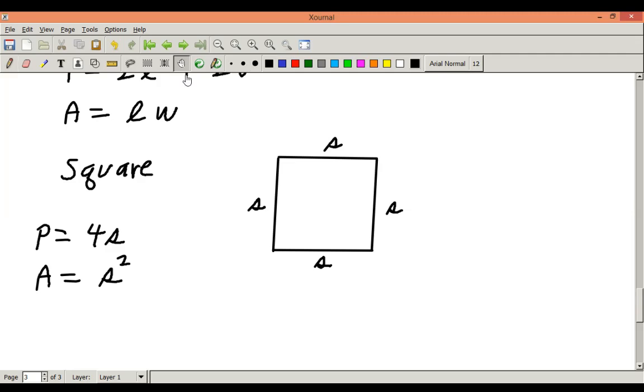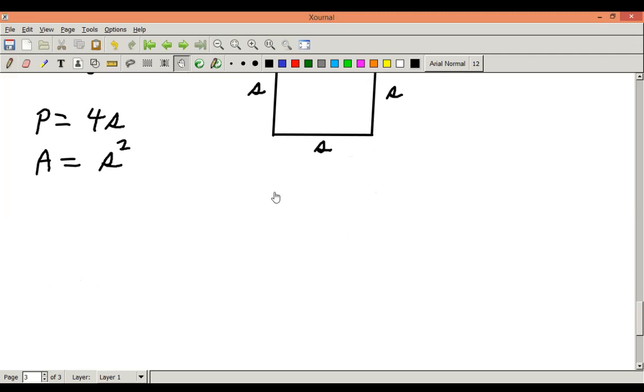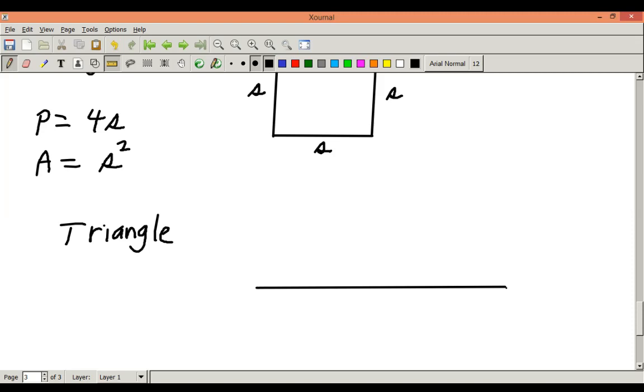Next shape we want to give formulas for, and you probably know this already from a previous class, is a triangle. So I'll just draw myself a generic triangle here. It's not any kind of special case or anything.